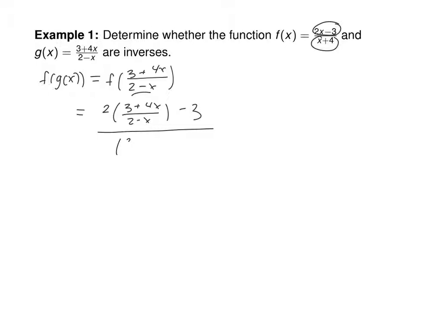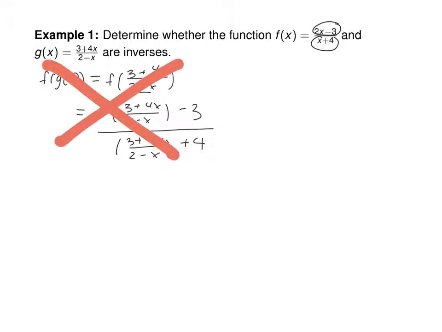You're putting this thing in for all the x's. You see you'd have that thing again, right? Plus 4. And that would just be like a disastrous, awful mess to simplify. Does that make sense? We're not going to do it that way. That's why I said don't write it down.